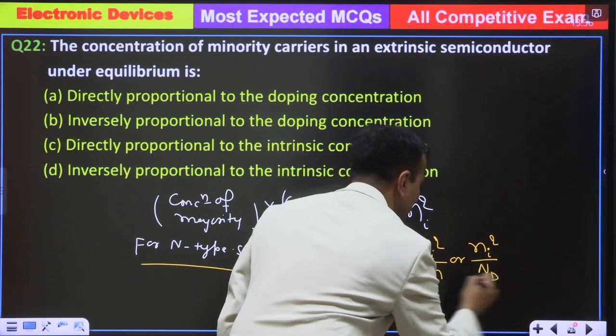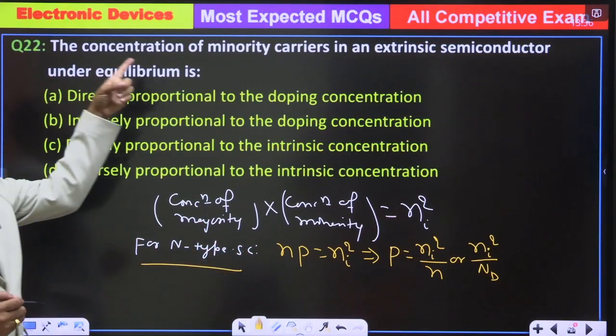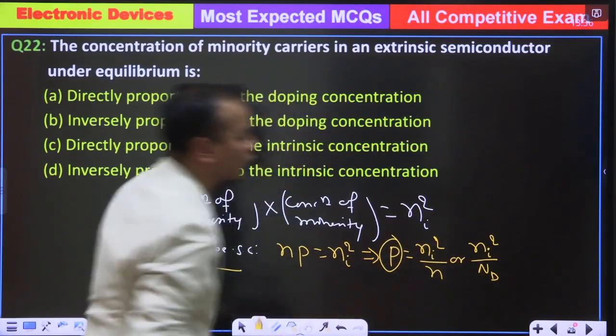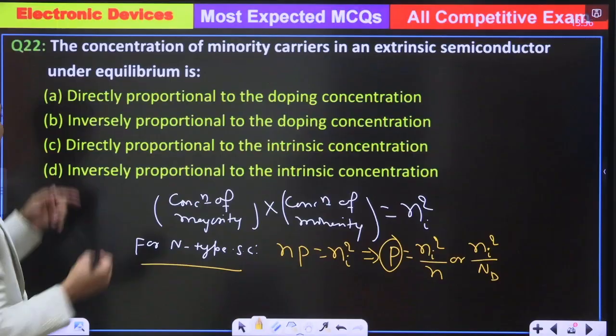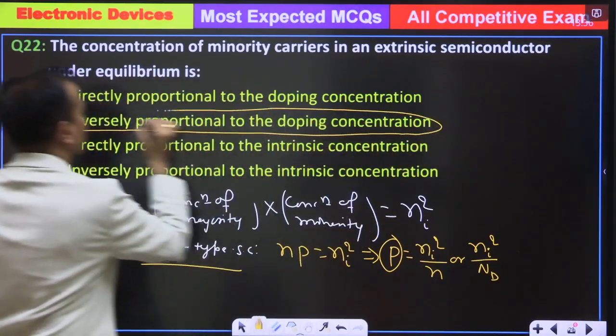This I also explained earlier. So the concentration of minority carriers is inversely proportional to the doping concentration. So option B is the right answer for this question.